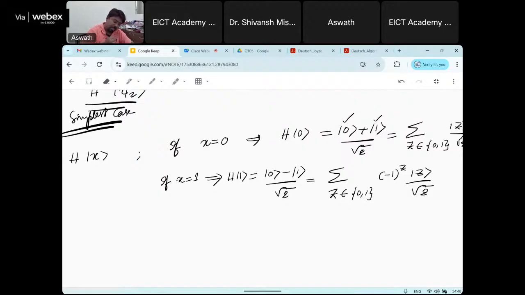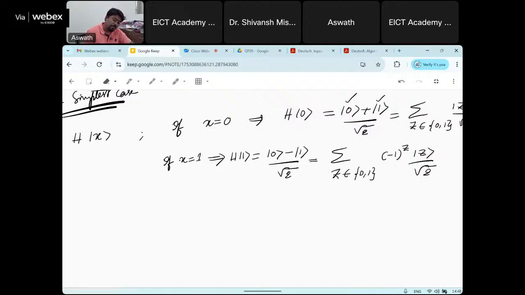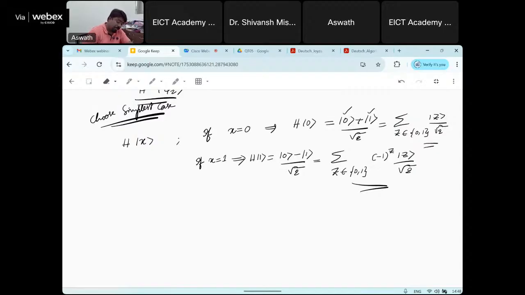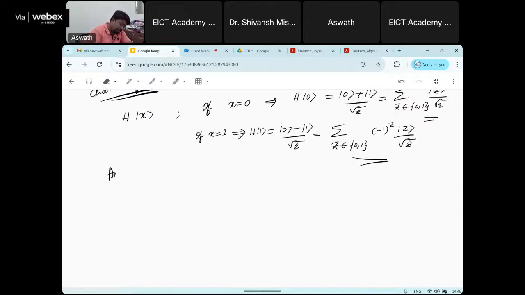So that means I know how to summarize the action of Hadamard on x equal to 0 and the action of Hadamard on x equal to 1. These are the two outputs I would get. Now let me generalize for any x. This is very interesting. Let me write a shorthand notation.